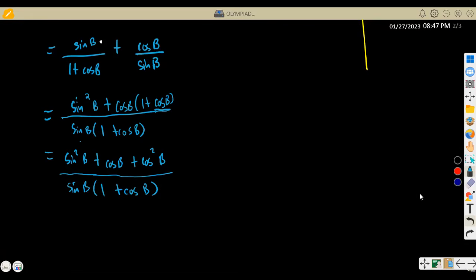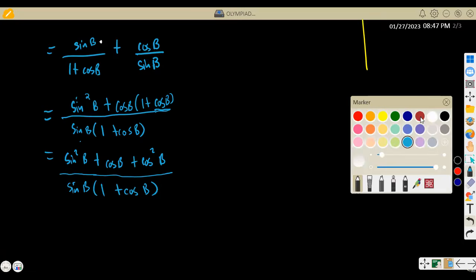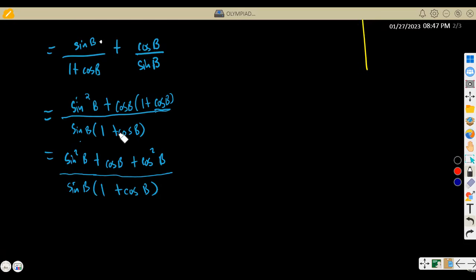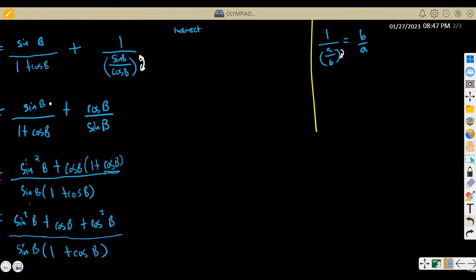From the numerator, there's something happening, which is one of the major parts that you're supposed to understand from your identities: the cos squared of B plus the sine squared of B gives us a 1. If you square a cos and you square a sine added together, you obtain a 1.